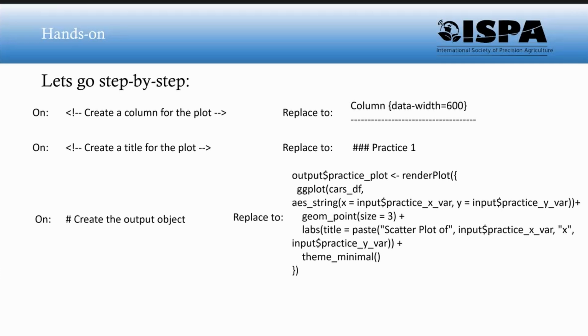It's again the ID of the plot, this render plot, and then we are using the inputs that we just created, the X variable after input$, and the other input$ for the Y variable that we created. You're just creating the plot object.